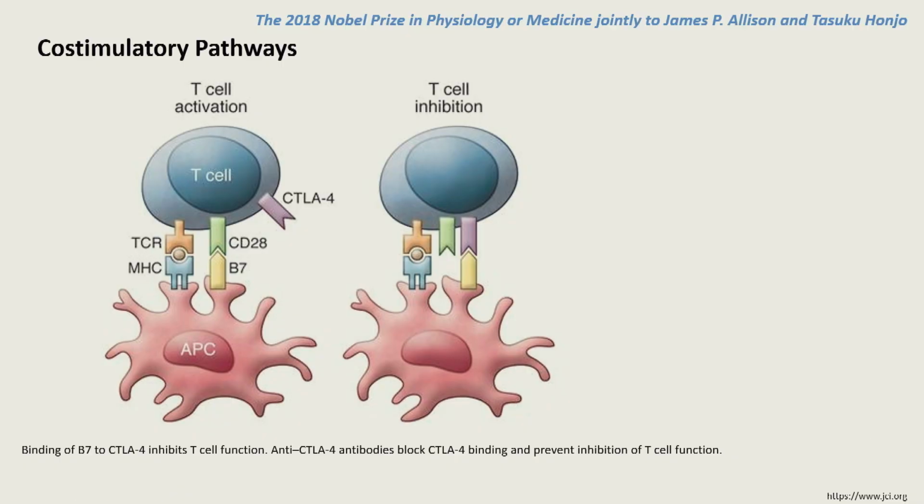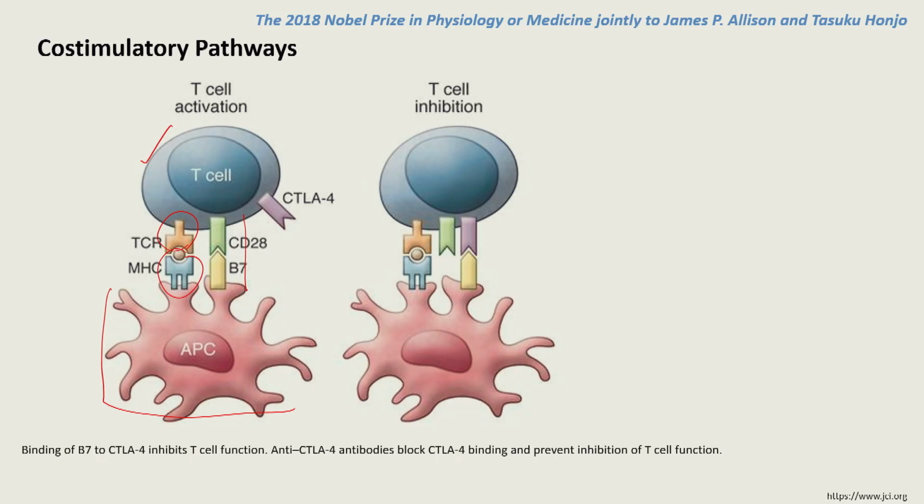So let's see this co-stimulatory pathway in terms of the inhibitory aspect. Let's do the same thing. When you have an antigen presenting cell, the MHC-loaded peptide can bind to the TCR, and this is the T cell. Once a co-stimulatory molecule such as CD28 and B7 comes into the picture, then this T cell gets activated.